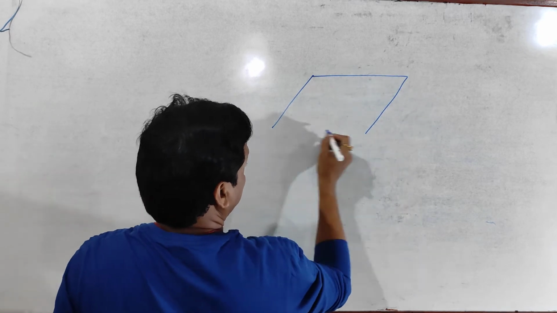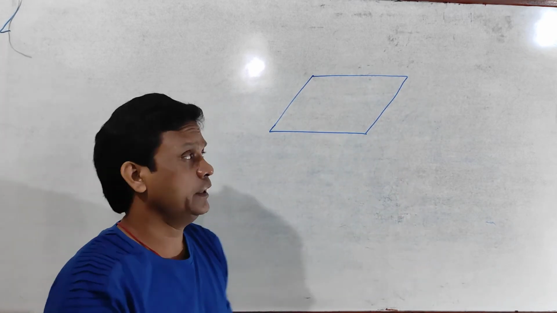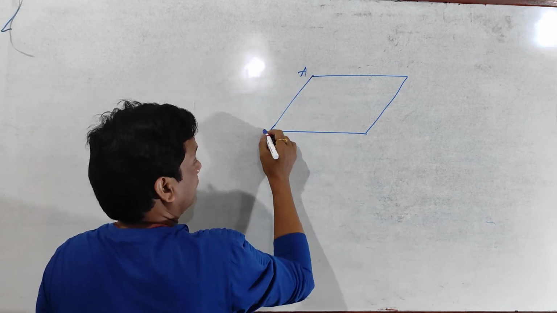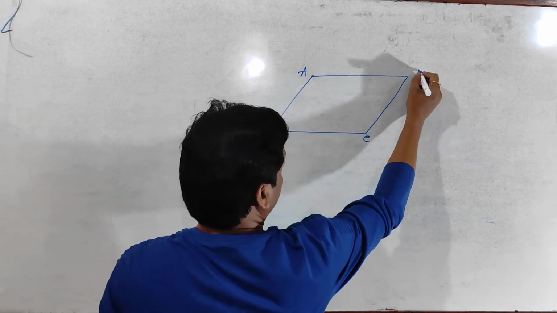See here. This is a parallelogram, either parallelogram or rectangle or square. If three coordinates, or three vertices, are given A, B, C, how to find out D?